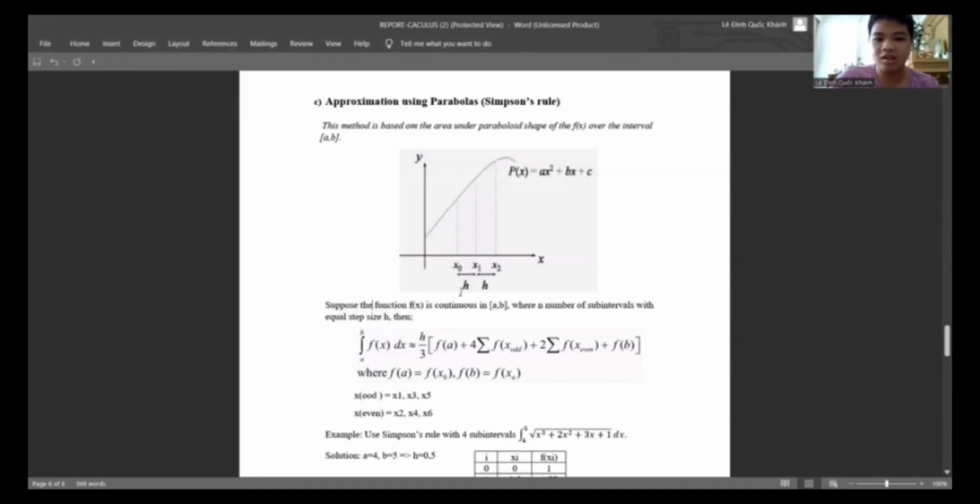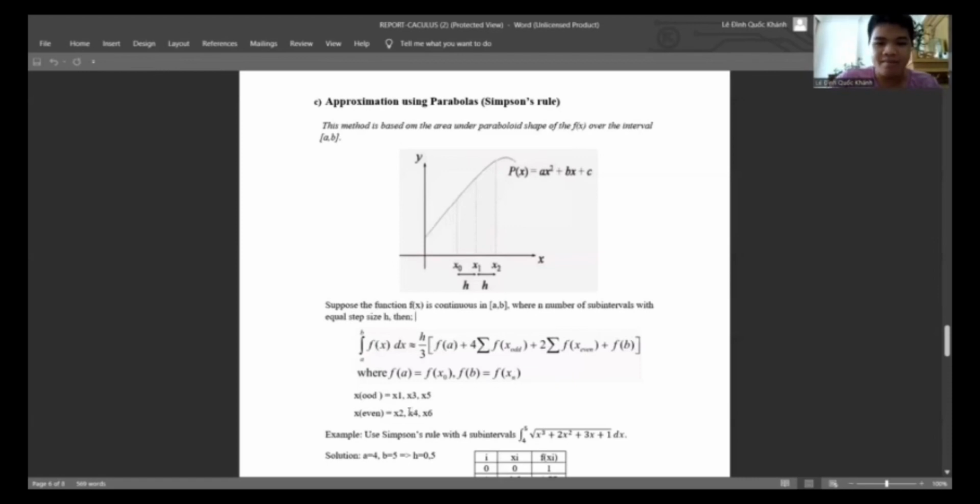Suppose the function f(x) is continuous from a to b, where n subintervals with equal step size h. Then the integral from a to b of f(x) dx is approximately h over 3 of the expression f(a) plus 4 multiplied by the sum of f(x odd) plus 2 multiplied by the sum of f(x even) plus f(b), where f(a) is equal to f(x0) and f(b) is equal to f(xn).